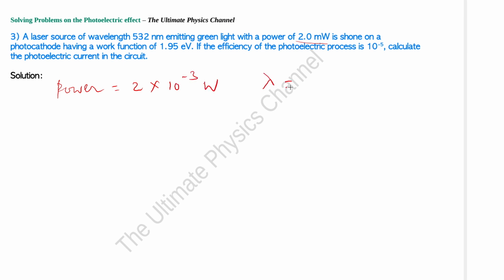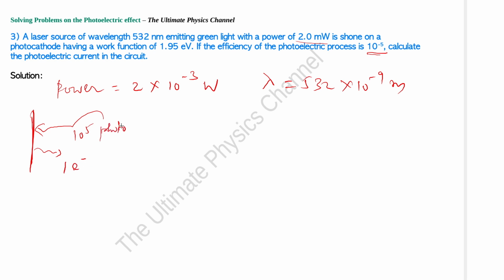The wavelength lambda is 532 nanometers. And then efficiency is only 10 power minus 5. That means for every 10 power 5 photons that are incident on the metal surface, only one electron is ejected.